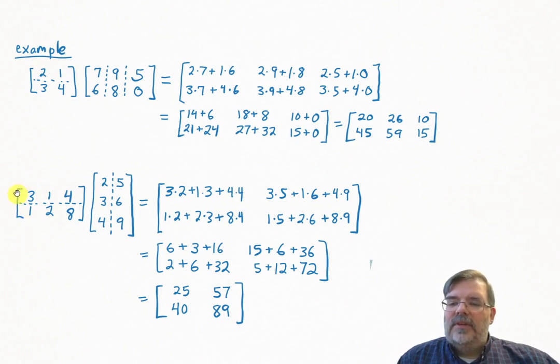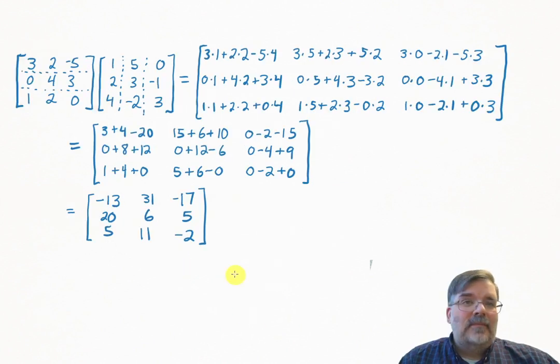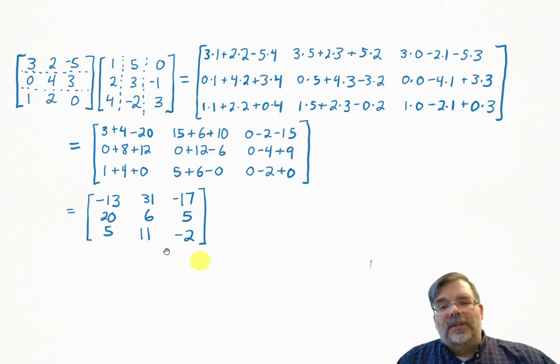Here we have another example of a 2 by 3 matrix. We have 2 rows in that first matrix, 2 columns in the second matrix. So the result will be a 2 by 2 matrix. I won't read this all out to you. It's not that interesting, but you're welcome to pause the video and see how those calculations line up. Finally, one more example.